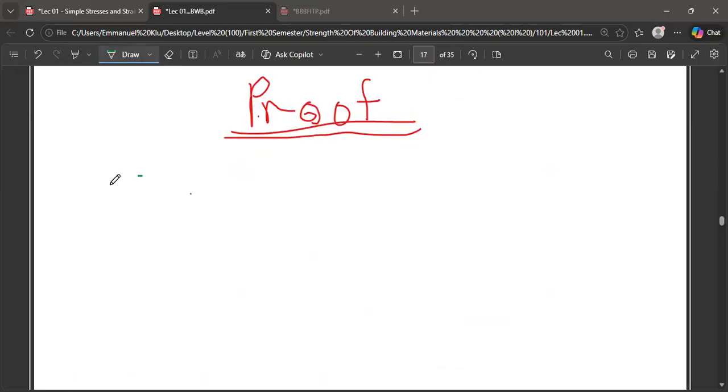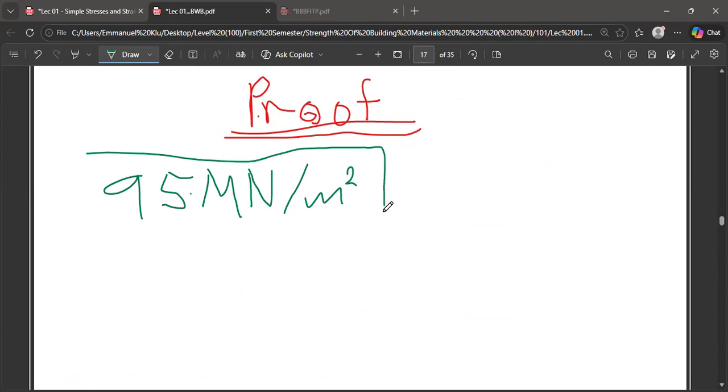So we are having 95 meganewton per meter squared. This is what was given to us.